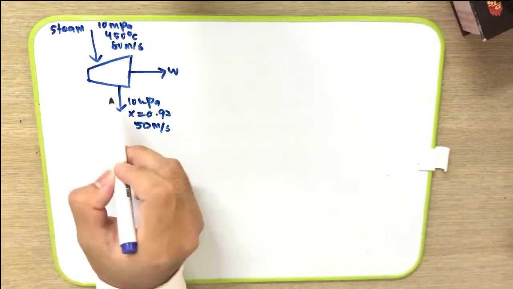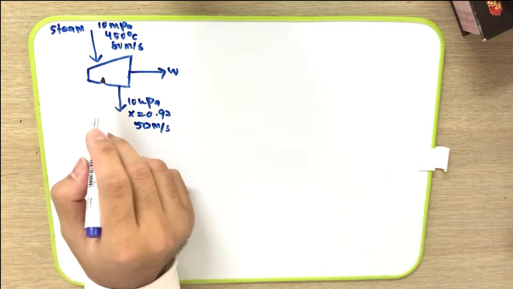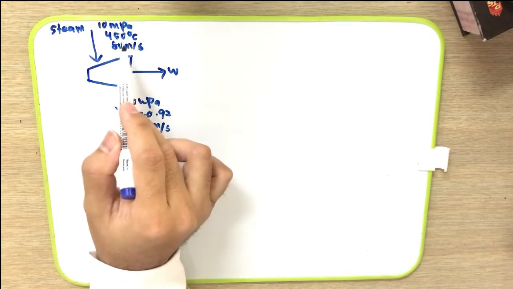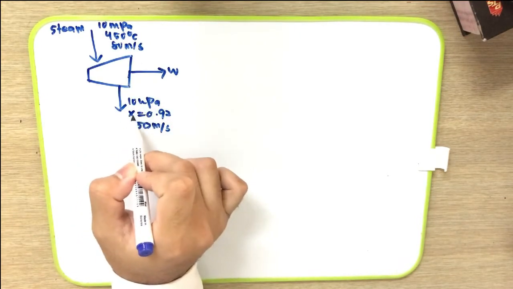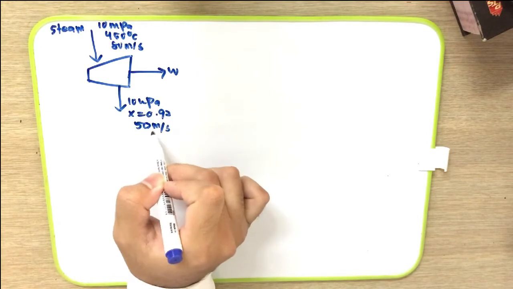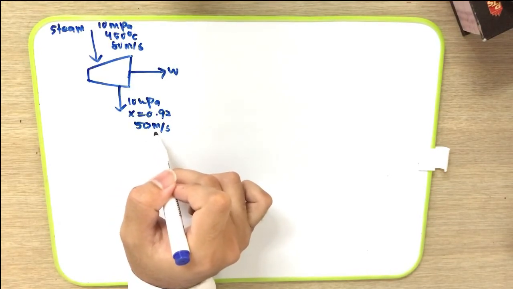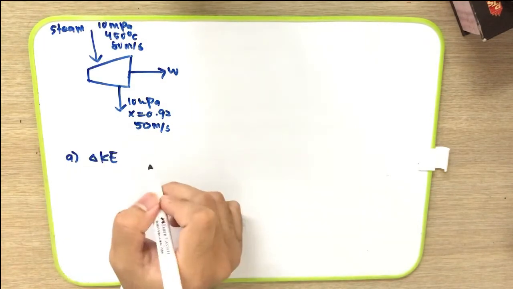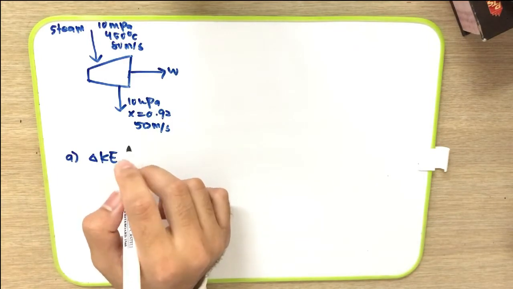In this question, we have an adiabatic turbine in which the inlet of the steam is at pressure 10 megapascal, 450 degrees C and 80 meter per second. The outlet is 10 kilopascal, x is equal to 0.92, and also the velocity is 50 meter per second. A, we need to find the change in kinetic energy, and by using the equation for kinetic energy, we can find the change of kinetic energy.